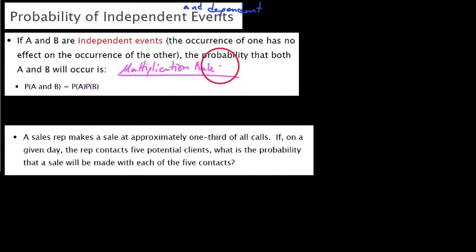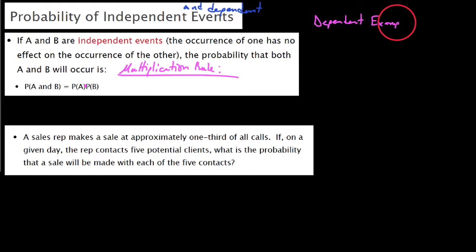Now, remember we said dependent or independent events. Independent means that the occurrence of one does not affect the probability that the other one occurs. And so what I can give you is an example of dependent events, dependent examples.